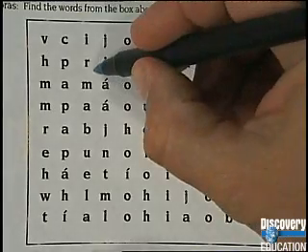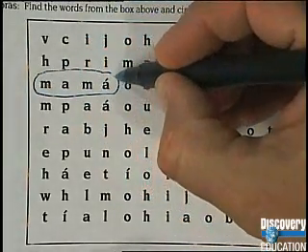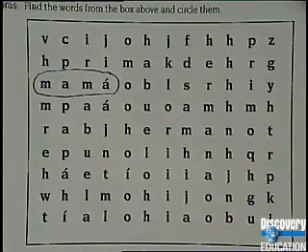I'm going to give you a head start. There's this one, mamá. Okay. See if you can find all of those words in the word search as you go through there. Okay? Now, you're all doing a great job, and you really seem to be picking this up pretty quickly.